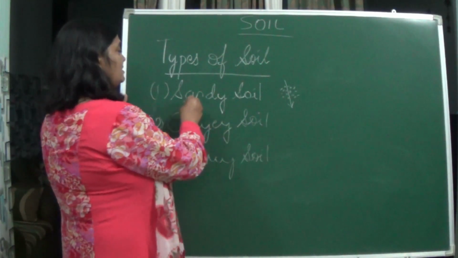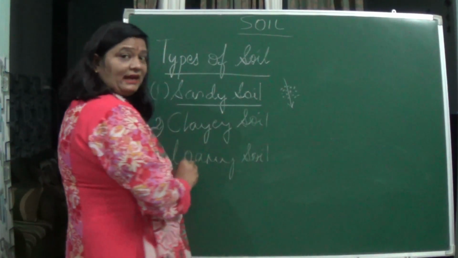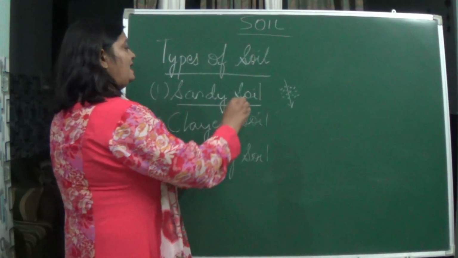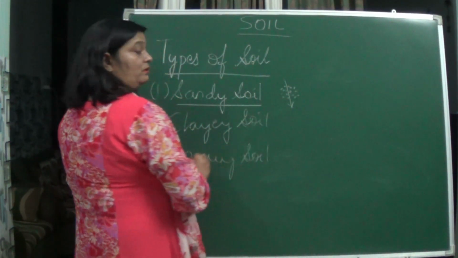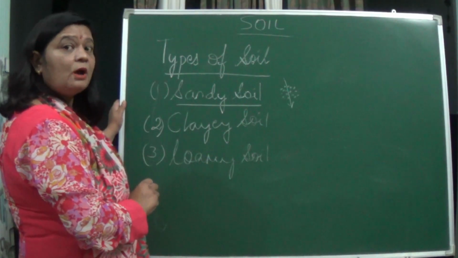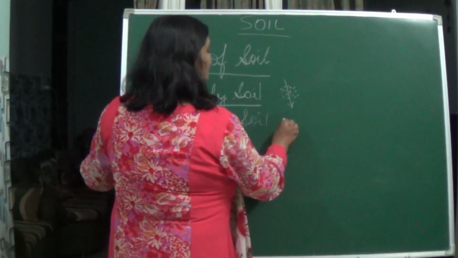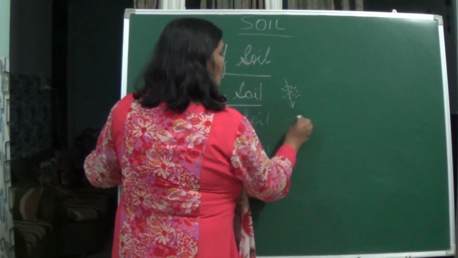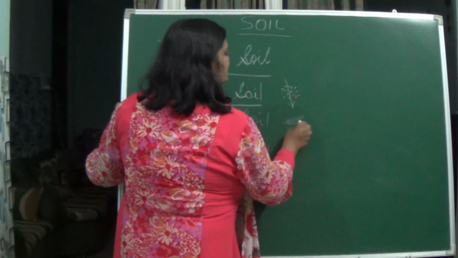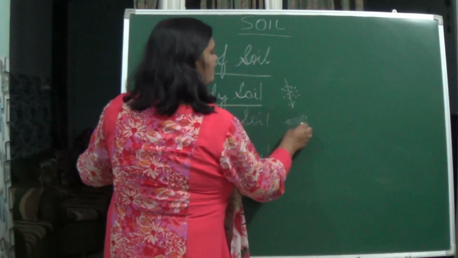Sandy soil is found in desert areas, and you can see plants growing over there that don't require so much water for their growth. Now coming to clay soil, we see there is no space between the soil particles.